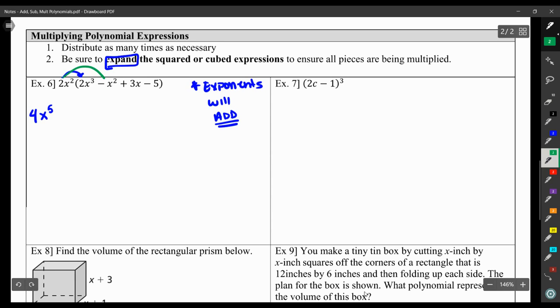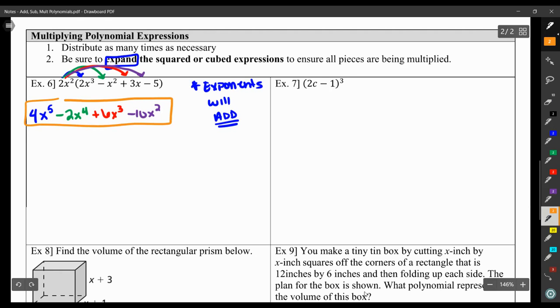And then 2x squared times a negative x squared, you get negative 2x to the fourth. 2x squared times a 3x, you get a positive 6x to the third. And 2x squared times a negative 5, you get negative 10x squared. And again, make sure your polynomial is written from highest exponent all the way down to the lowest. And this is your simplified product.